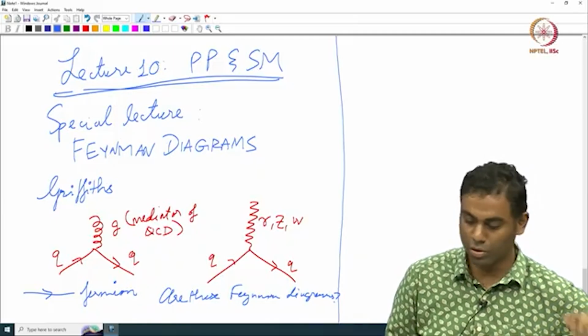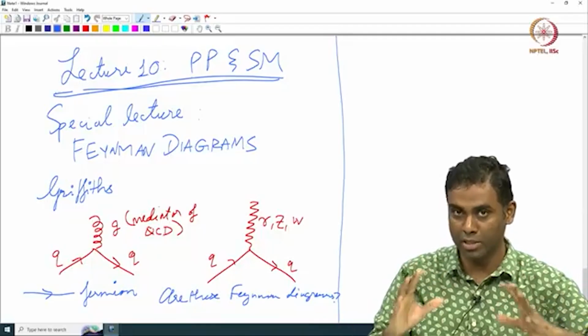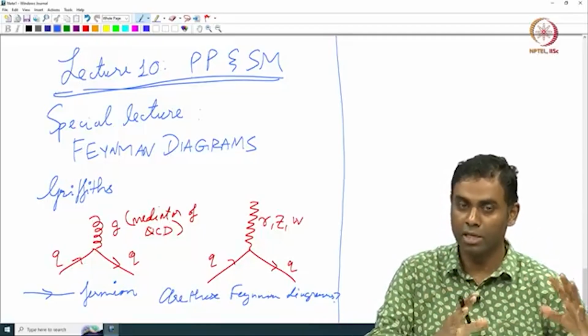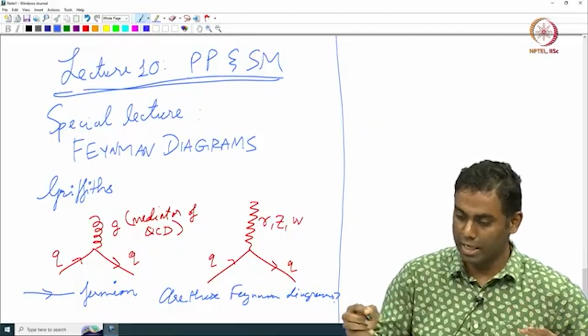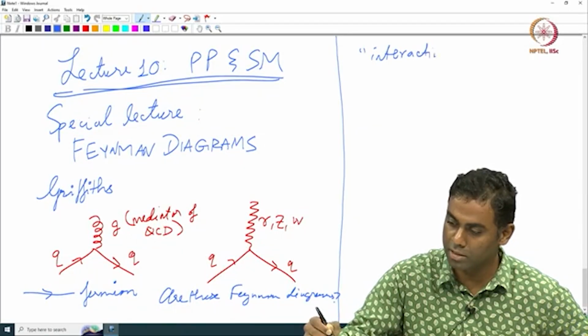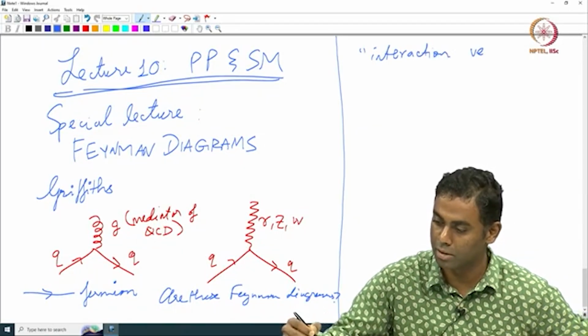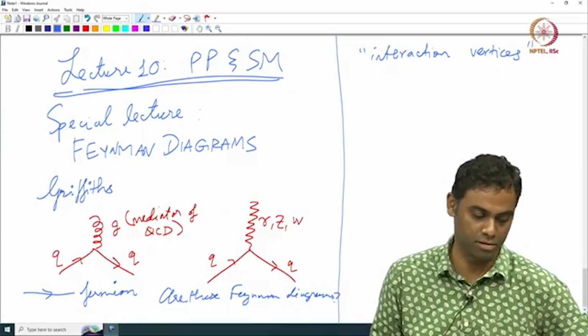What I have done is pictorially represent interactions in a Lagrangian in this form. So, these are just interaction vertices. The key word is vertex, these are vertices, not diagrams actually. It is a diagram in the English sense, but not in the physics sense, it is not a Feynman diagram. It is an interaction vertex.